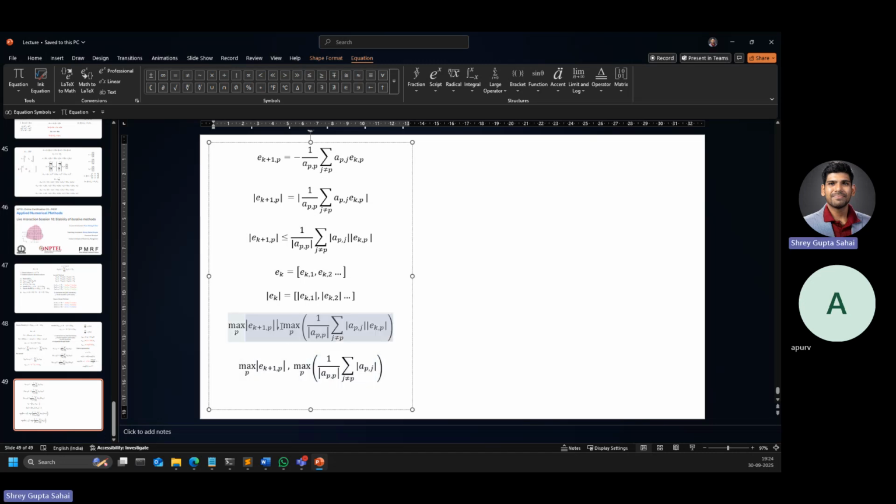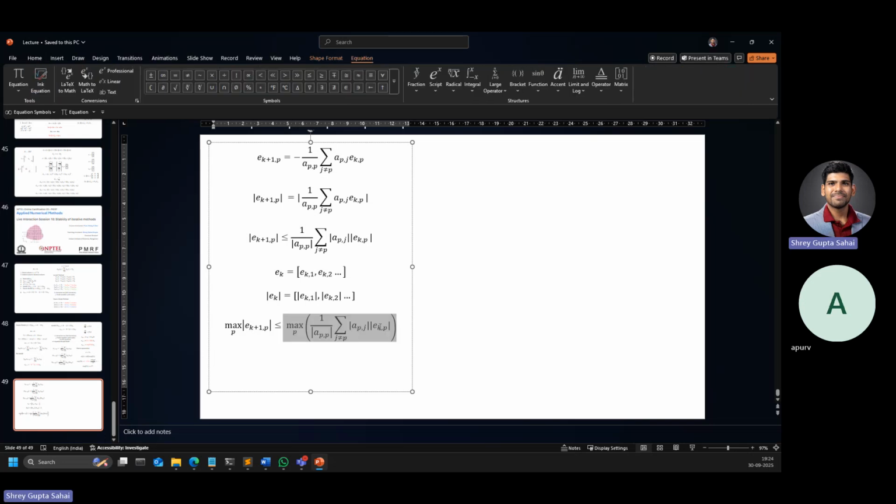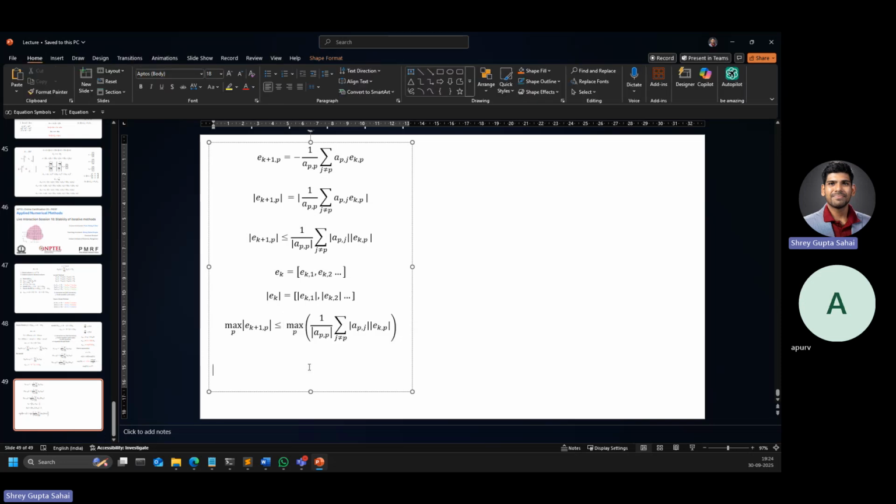Actually, this identity will hold. Will this identity hold? Can I write this? Let's forget about this. Can I write this? This is still fine, right? Max of this thing will be lower than this. And now this RHS will be lower than this, right?